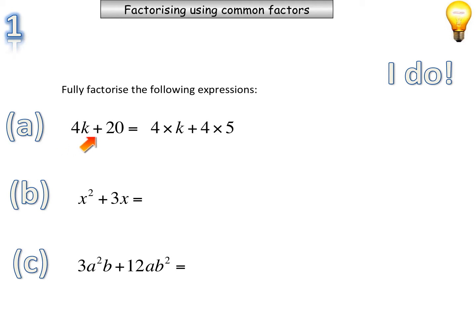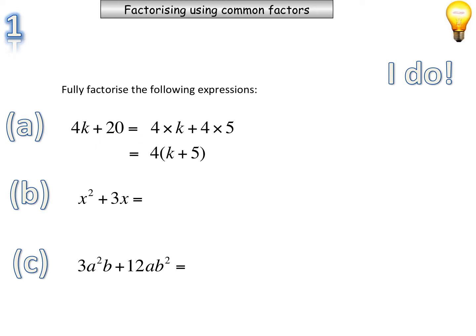Now 4k is the same as 4 multiplied by k, and 20 is the same as 4 times 5. The reason I've split these two terms like that is because we have a 4 in both terms. So 4 is a factor of 4k and 20.